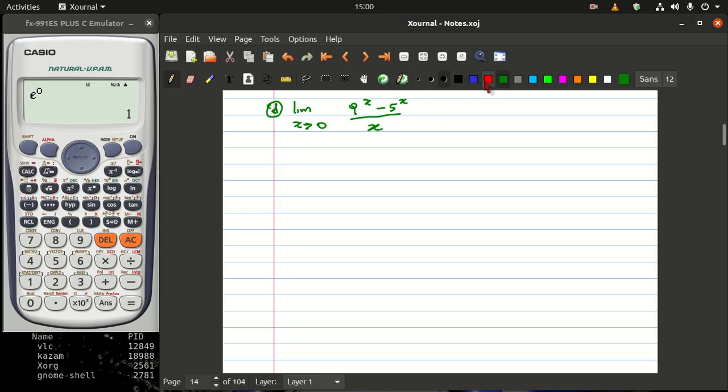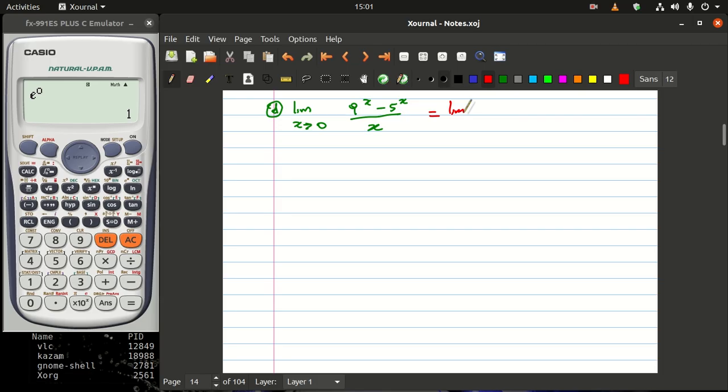If you remember correctly, this is one of the limits that I kept showing you in class, that all the other methods that we have proved cannot actually solve. Now I want to see if L'Hopital's rule can actually help us solve this particular limit here.